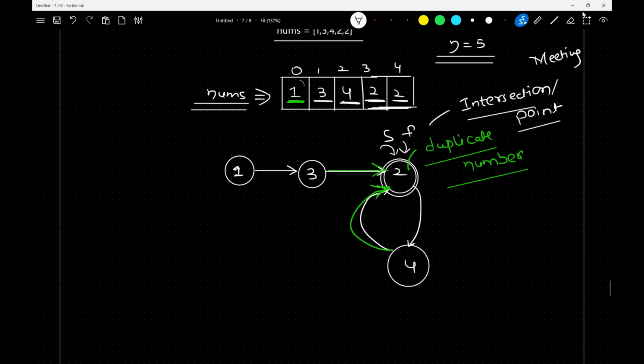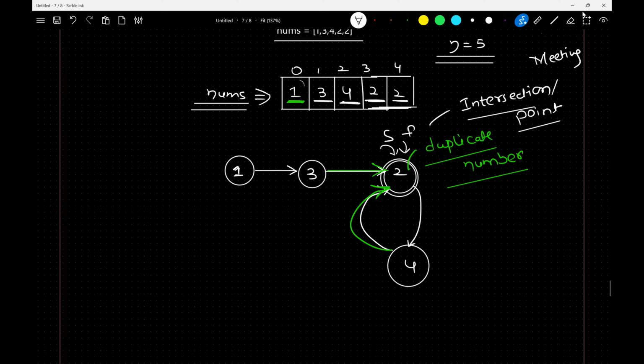As per the explanation given by the LeetCode platform, whatever elements are available inside this list, there is always one element which is repeating, and apart from that, all other elements occur only one time. So for the elements in this list, I will have an index number for each.